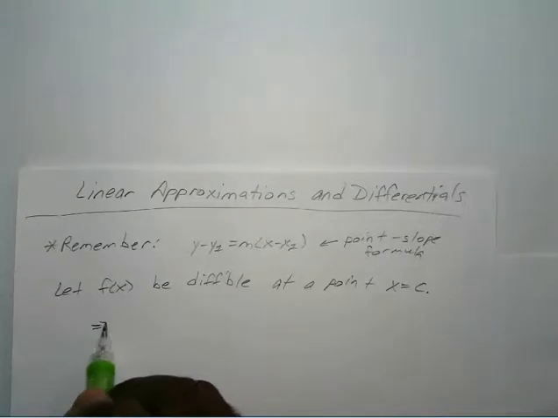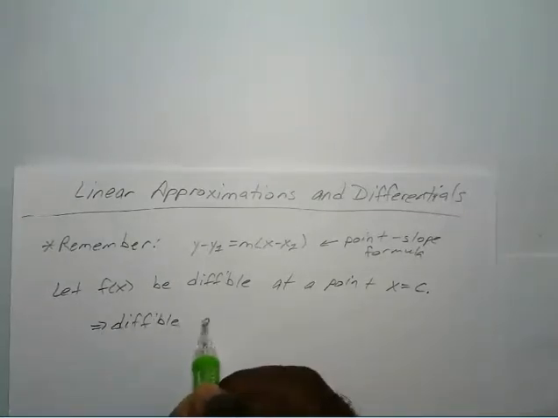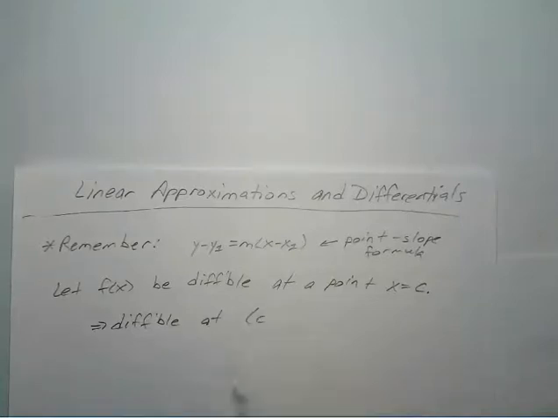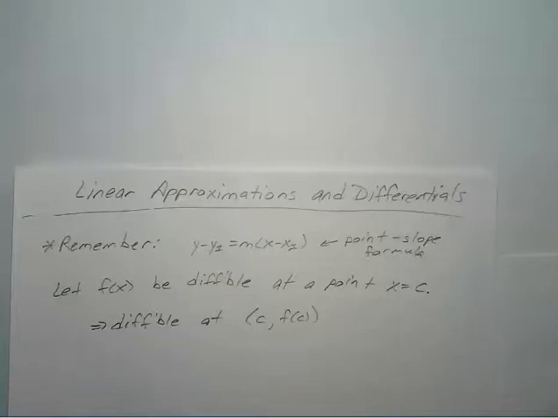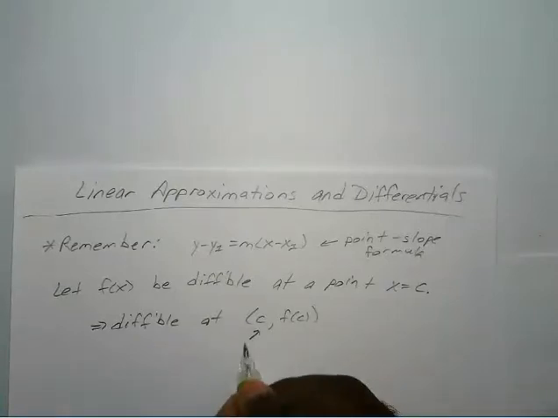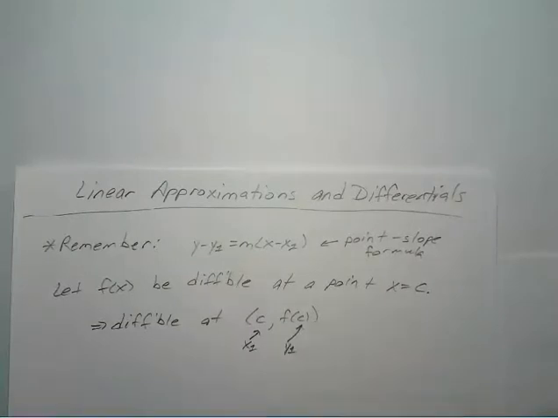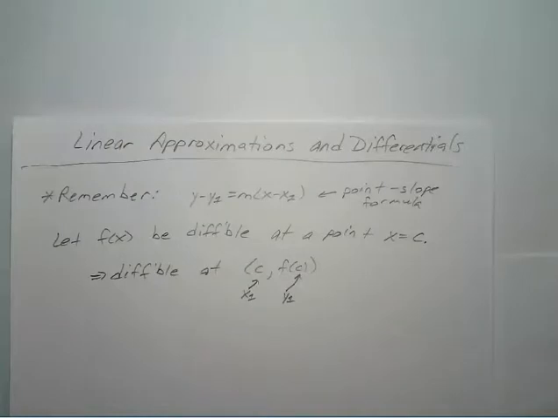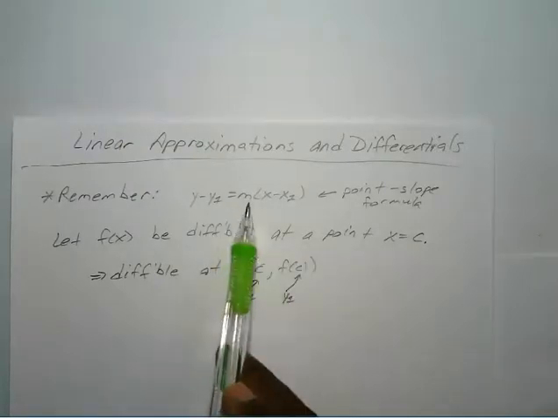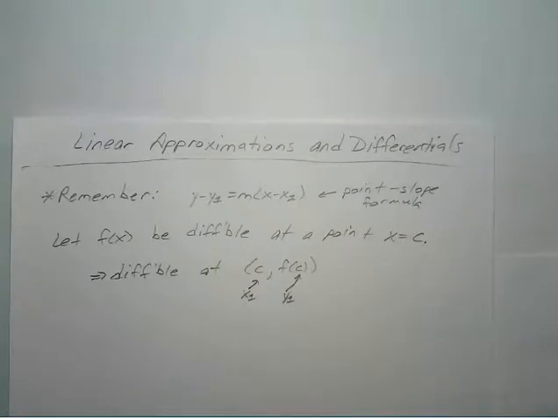In other words, it's differentiable at some point c and f of c. If this is your ordered pair, this would be your x1 and your y1. And we know that your slope is your derivative at that point.